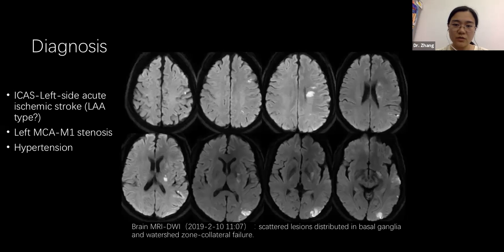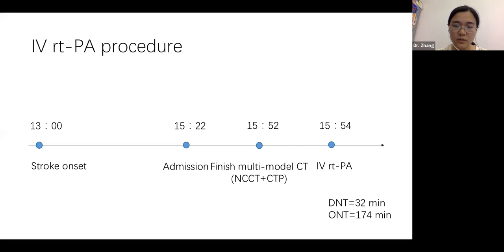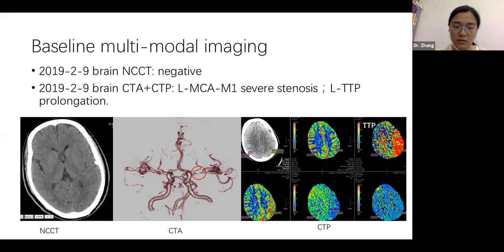And the diagnosis for this patient is very clear. At that time, we thought he had a left-side acute ischemic stroke, and for the etiology, it might be a large artery atherosclerosis type. Because of his baseline CTA, we think that this is not a new occlusion.